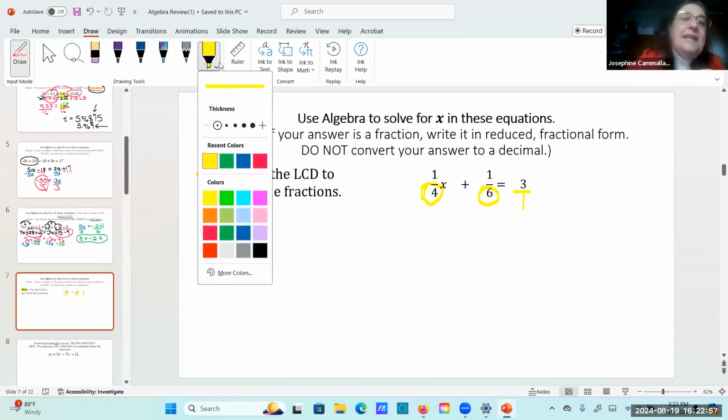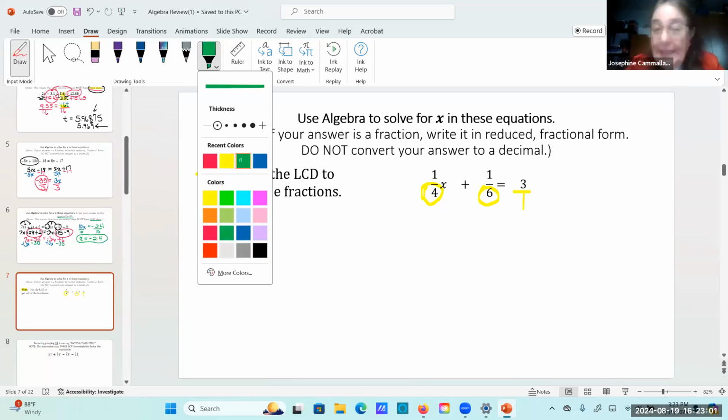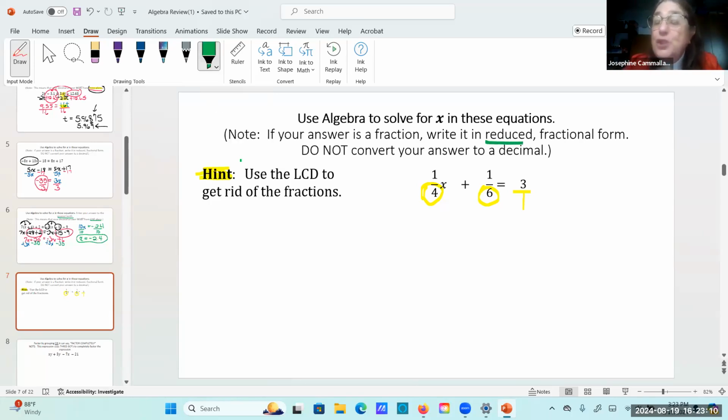Okay. Now, someone just asked, could I use 24? Yes, I could take and multiply 4 times 6 and get 24. But I will let you know you're going to need to make sure you reduce your final fraction. But 12, what am I going to do with that 12? I'm going to multiply 1/4 x by 12 over 1.